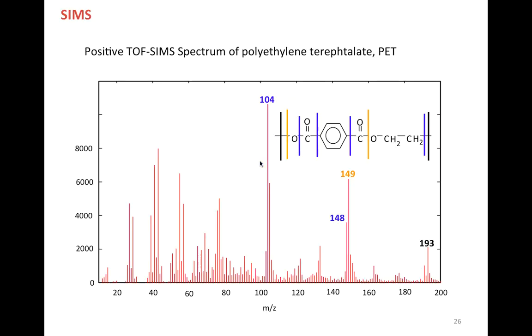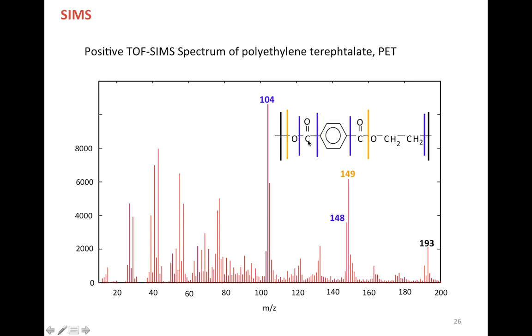In this example, we have polyethylene terephthalate. This is the repeat unit. And you see here that this fragment weighs 193, and this fragment from here to here is 149, the orange one, and then the blue one has 104, probably.